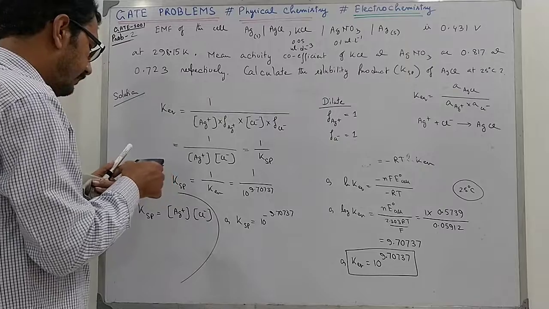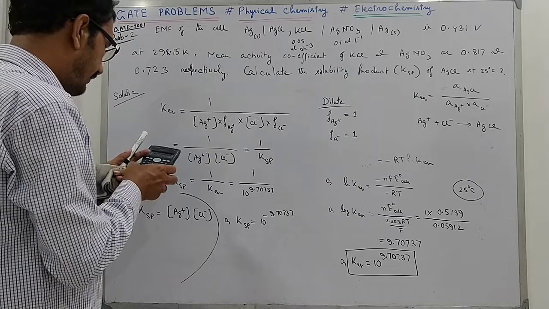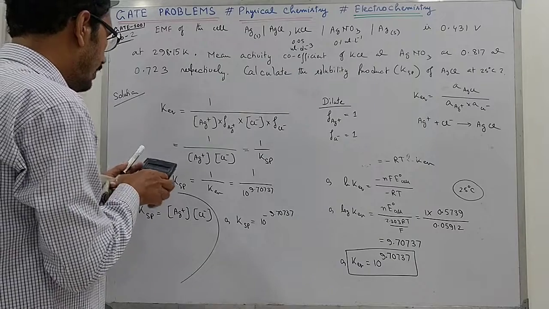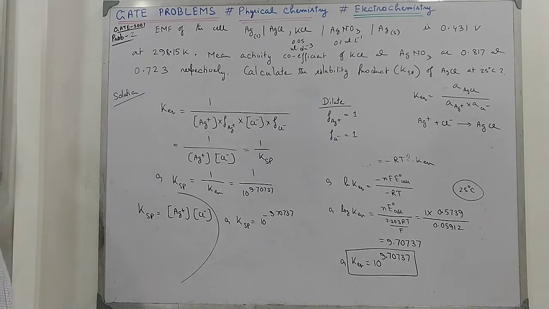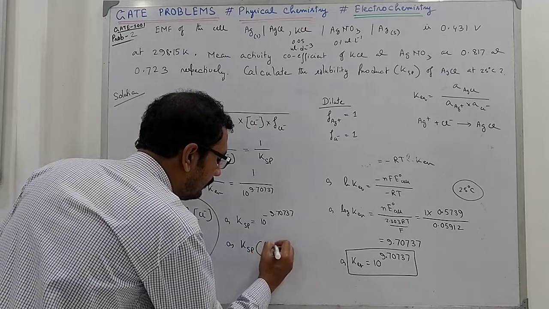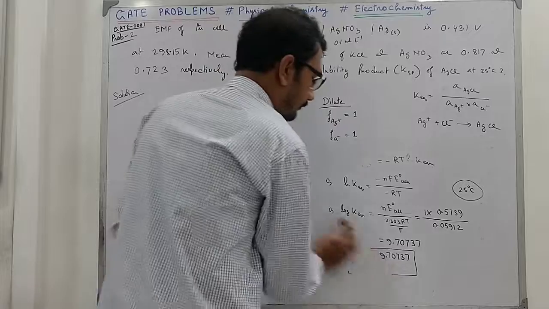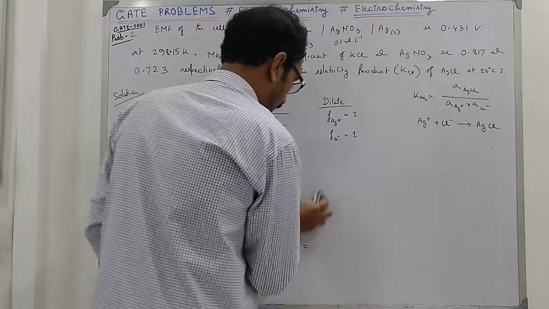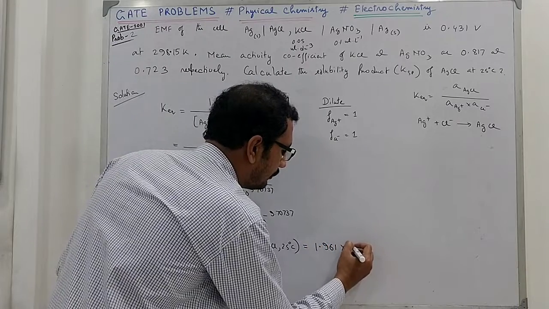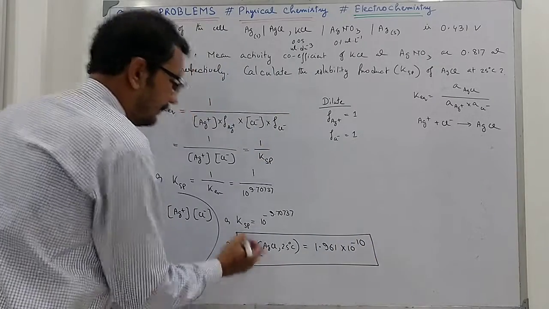We need a calculator to calculate this. It is 1.9616 into 10 to the power minus 10. So Ksp of AgCl at 25 degrees centigrade is 1.961 into 10 to the power minus 10. This is the answer.